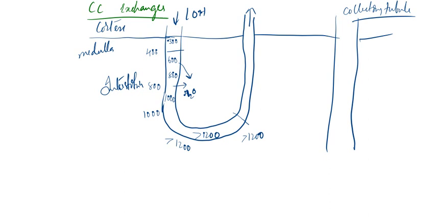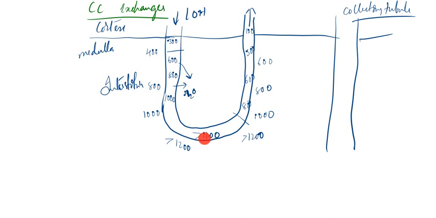But as the urine goes to the ascending limb, the osmolarity decreases again: 600, then 300, then 100. In the interstitium it resembles like this, right? So the reabsorption of water in the descending loop leads to hypertonicity of the urine.